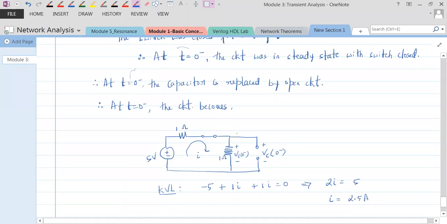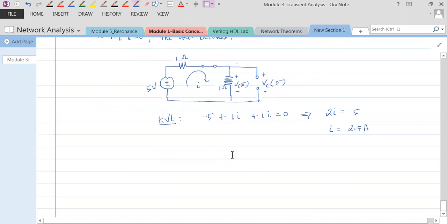So we have found out I. So if you find out I, what is Vc of 0 minus? Therefore, Vc of 0 minus is equal to what? It's 1 into I. So it is 1 into 2.5 amps. So Vc of 0 minus is 2.5 volts.